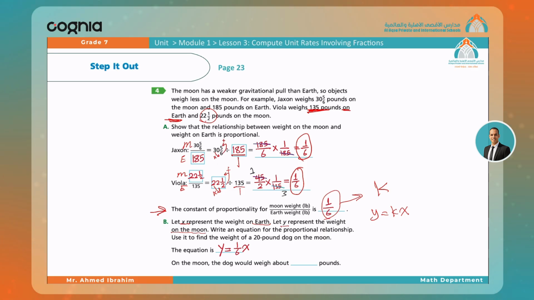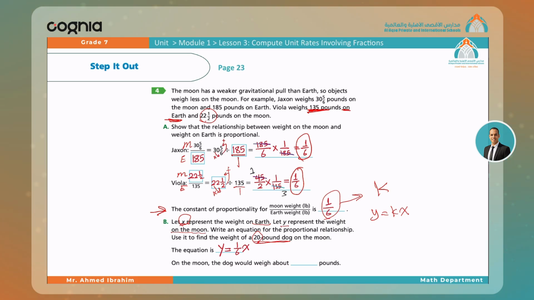He asks us another question. It says, use this equation to find the weight of a 20-pound dog on the moon. So the 20 pounds is the weight on Earth. We need to find the weight on the moon. So 20 pounds is the weight on the Earth, which is represented by the X. So X is 20.